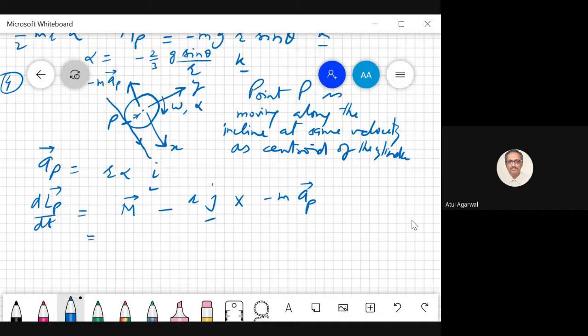So this is your moment of the forces about point P, external forces. That we already found was mgr sine theta. It was clockwise, so minus k, minus rj cross minus m r alpha I. Any problem? If you see any mistake, let me know.